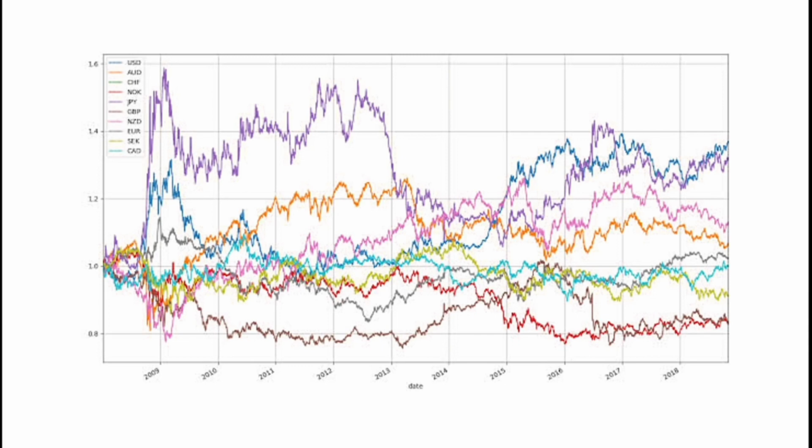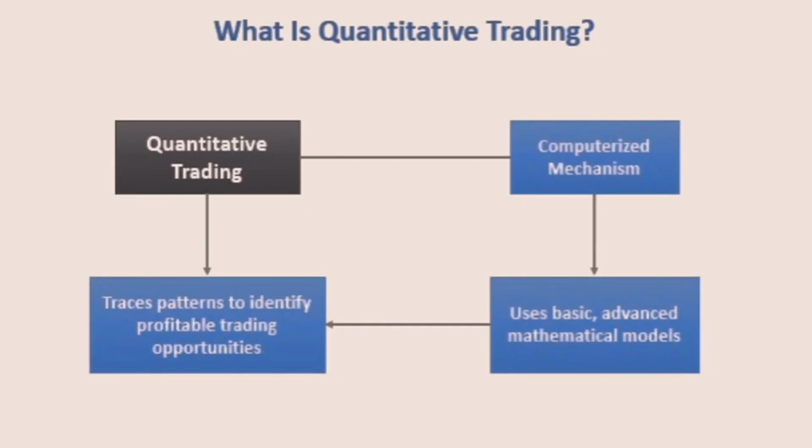statistical arbitrage strategies. Quantitative trading strategies are a set of rules and guidelines used by traders to make trading decisions. These strategies rely on data analysis and statistical models to identify profitable trades. So what are the pros of it?